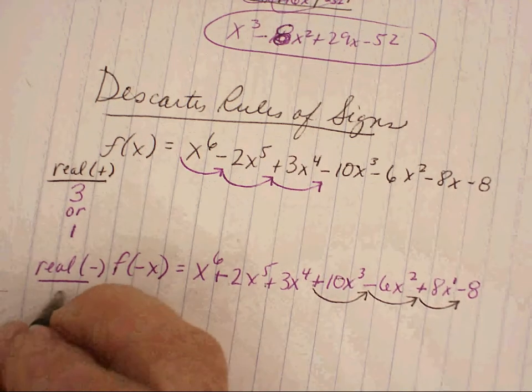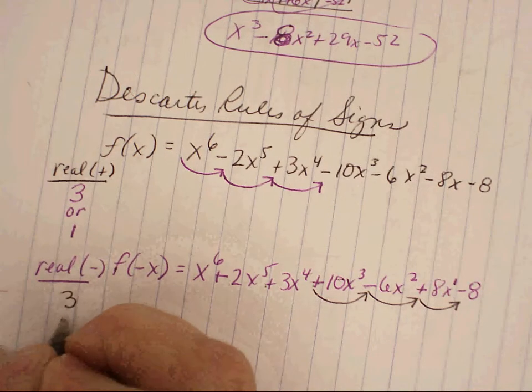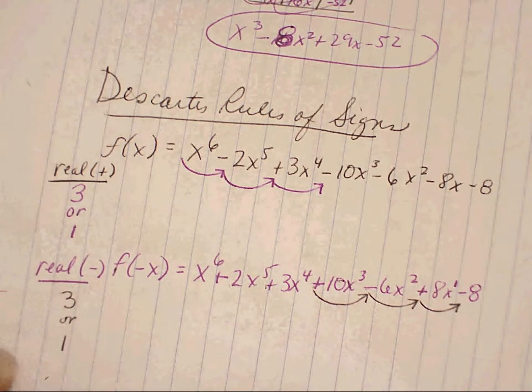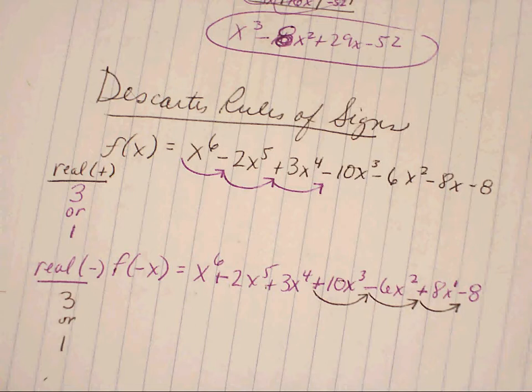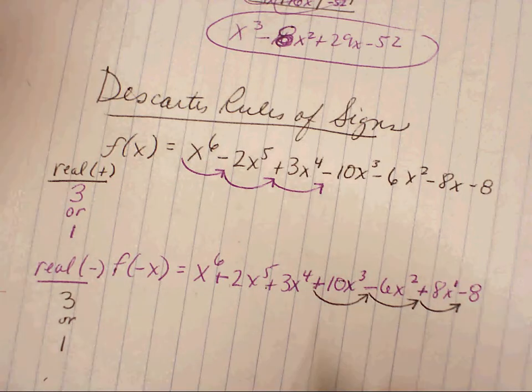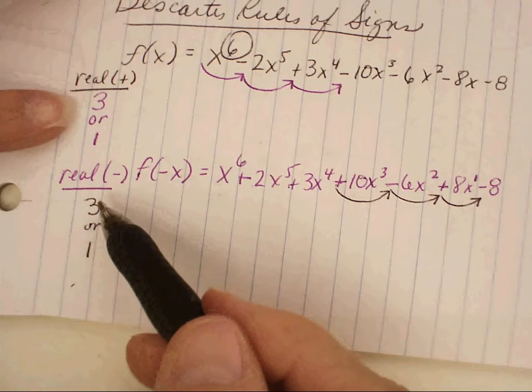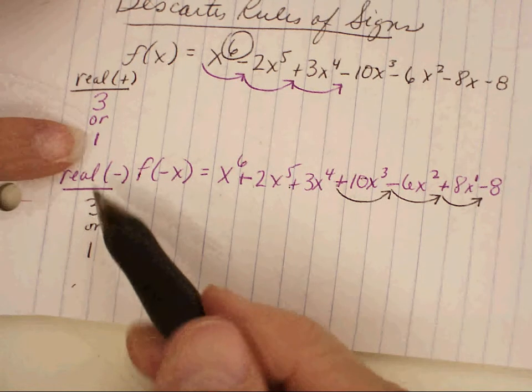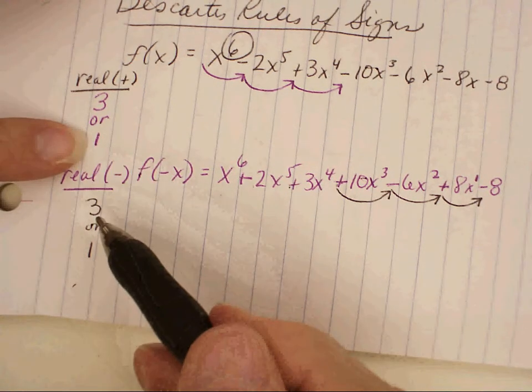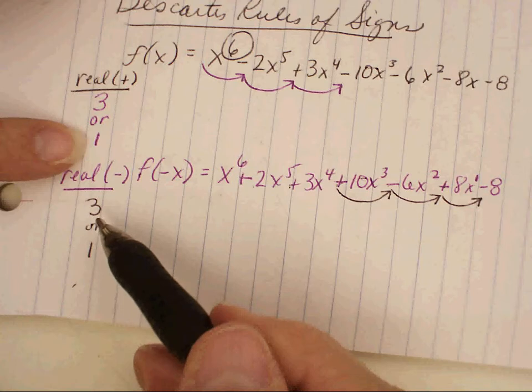It'll be negative 10 times negative x cubed, which you're right, would be positive 10x cubed, Tristan. Now, what's going to happen when I put the negative in for the even exponent of 2? Stays the same. It's going to change that guy to plus 8x. Does it do anything to the constant negative 8? No. And you assume that to be a 1, so it's odd.